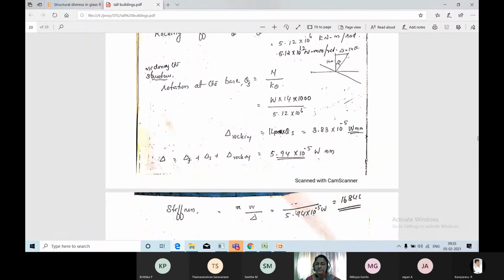Can you tell me the answer for this? 1 by 5.94 into 10 power minus 5.